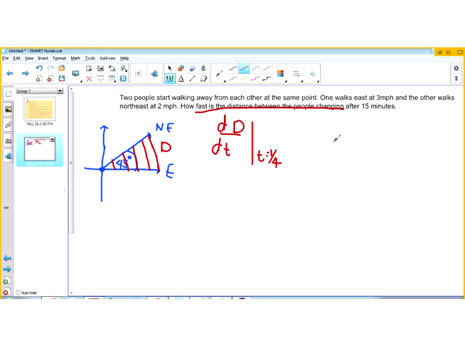Now, the next thing we want to do is calculate what D is as a function of time. So find a formula for D. And to be more precise, find a formula for D as a function of time.